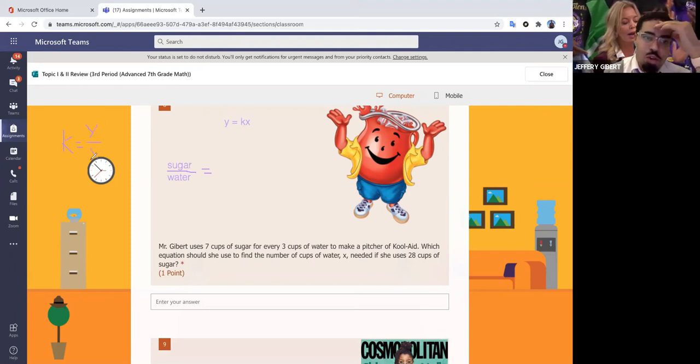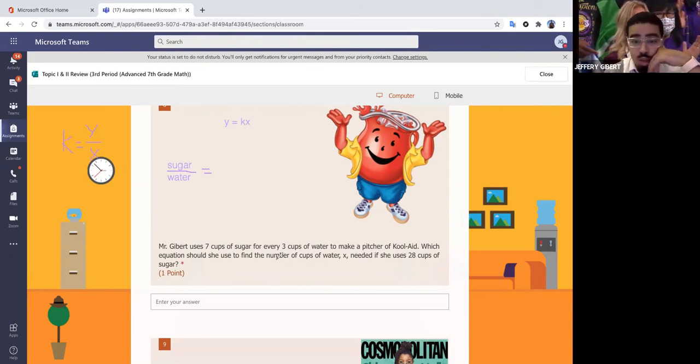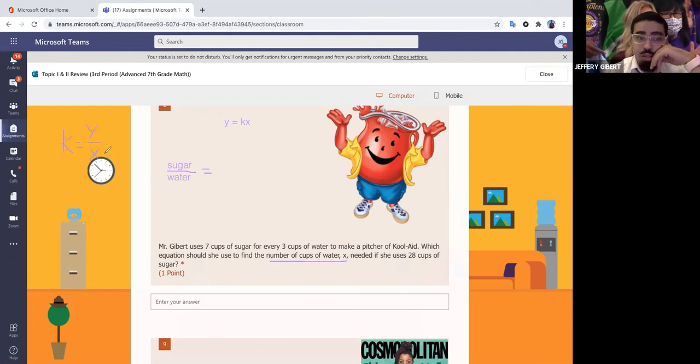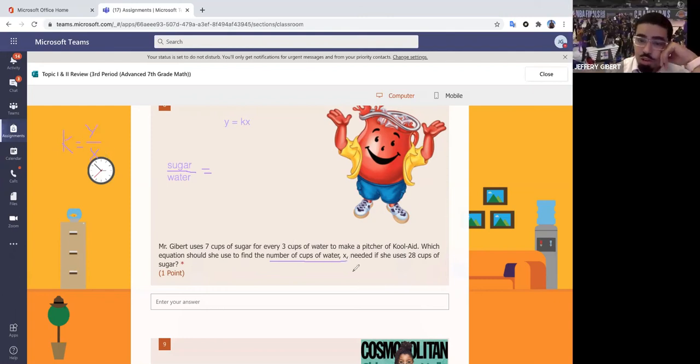So how did you know which one's y and which one's x? They tell you that the number of cups of water is x. So if water is the x, even though they don't tell you the sugar is the y, you should know the sugar is the y since the water is the x. That's where I got sugar over water from. This 28 right here is useless. It's just there to try to confuse you.